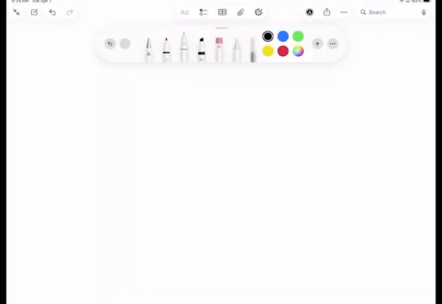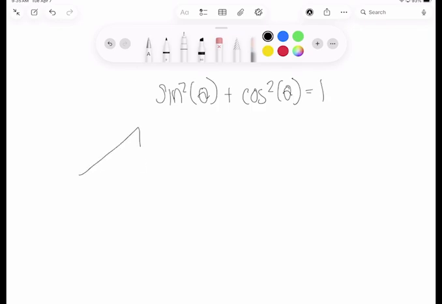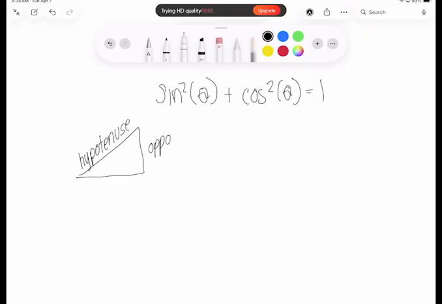So we're trying to prove that sine squared of theta plus cosine squared of theta equals 1. And so we have a triangle where we have the hypotenuse, opposite, and adjacent with an angle.